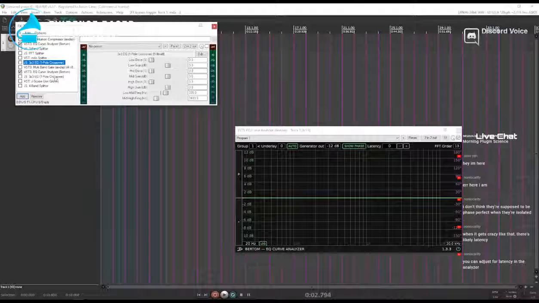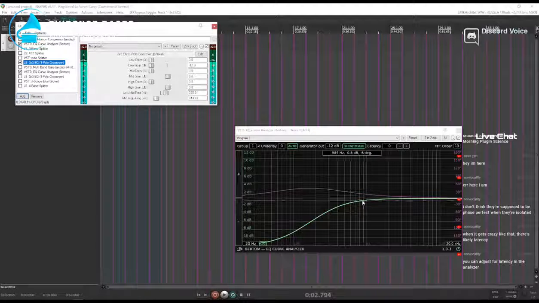3x3 EQ. See, it's saying one pole crossover. If I ditch the gain here, it's not. Is this right? 6 decibels an octave?